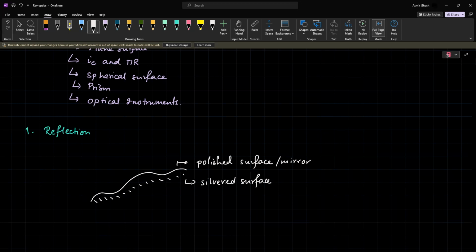Then let us say a light is incident upon this particular surface, then we can consider the tangent over here.